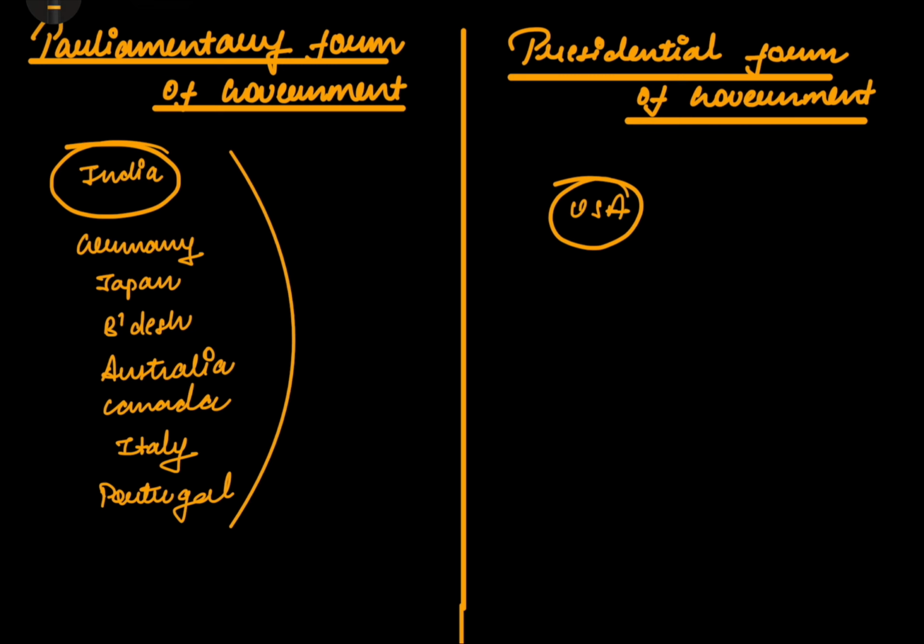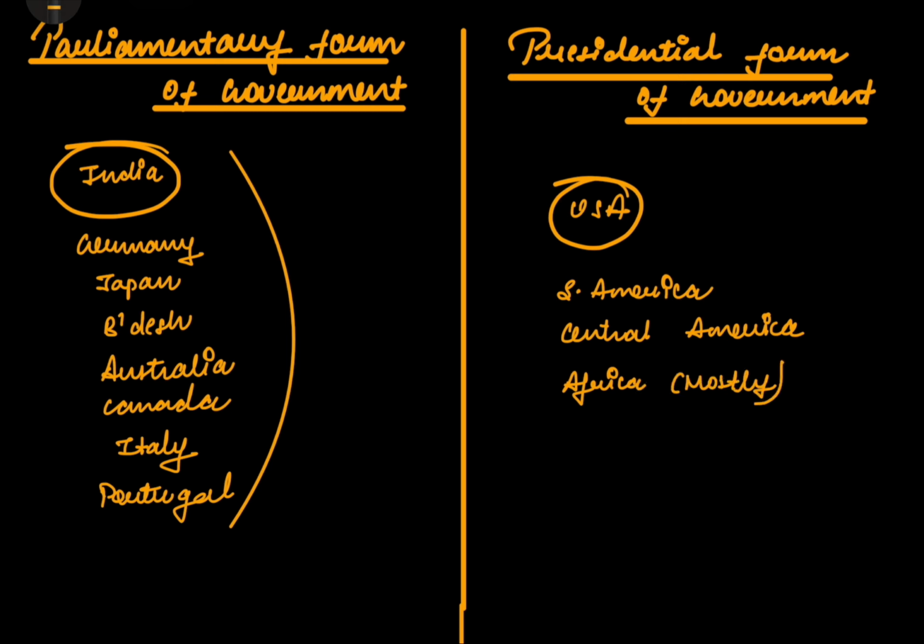Okay, and what about the presidential form of government? You can find it in entire South America, in Central America as well, in Africa also, in most of the countries mostly you can see the presidential form of government.